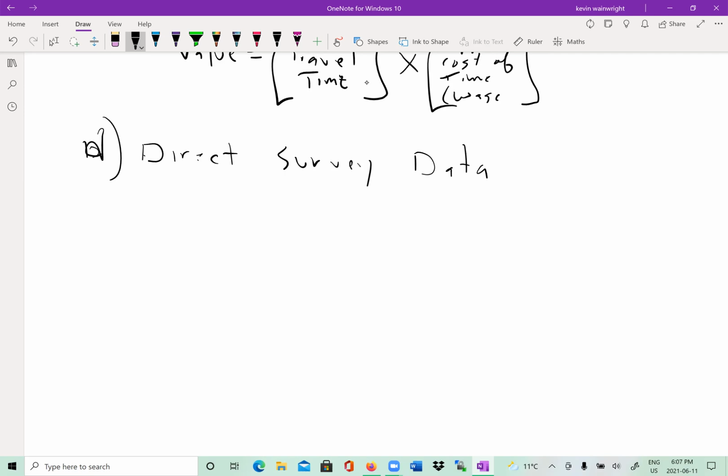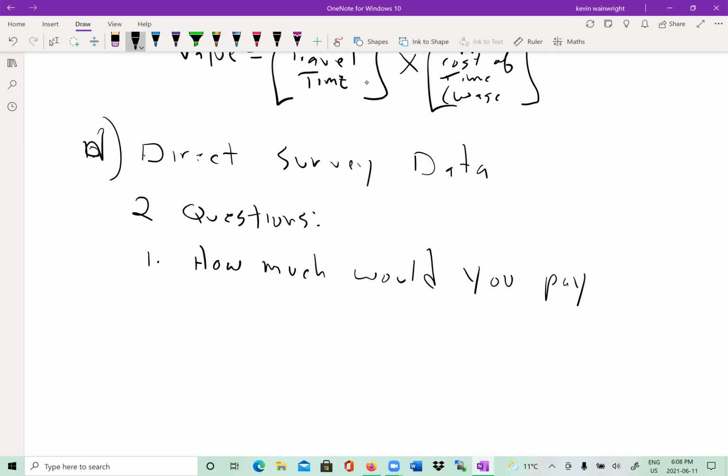And that gives rise to two questions. Right? One, how much would you pay to save Stanley Park?